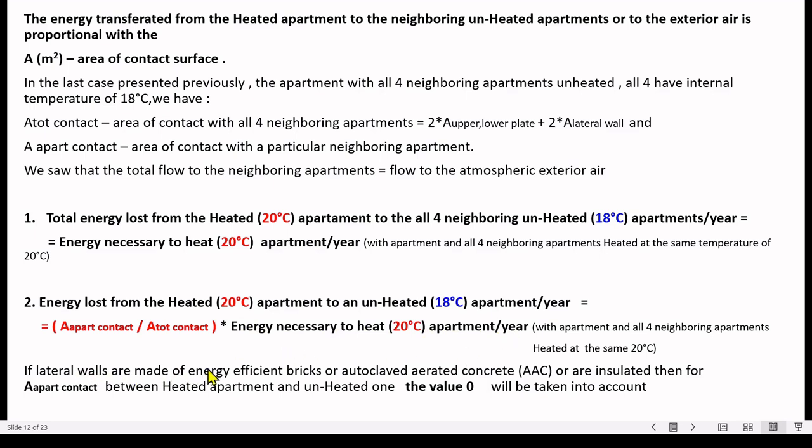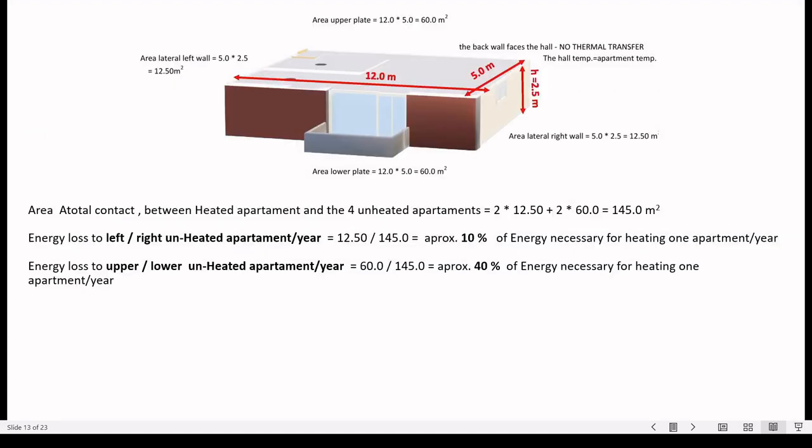If the lateral walls are made of energy efficient bricks or autoclaved aerated concrete, or are insulated, the value for the area of contact between the heated apartment and the unheated one will be zero.